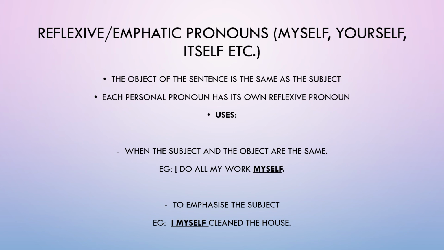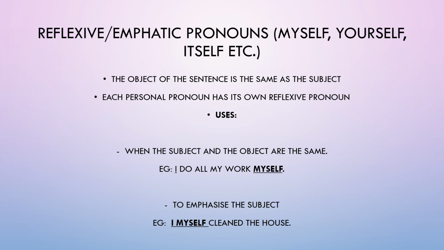It always ends in self or selves, like myself, yourself, himself, herself, itself, ourselves, yourselves, themselves, and so on. Okay? And when do we use this reflexive pronoun? When both the subject and object of a verb refer to the same person or thing.